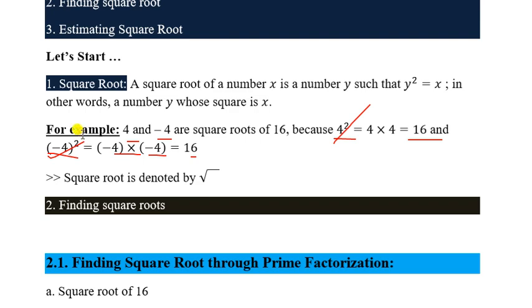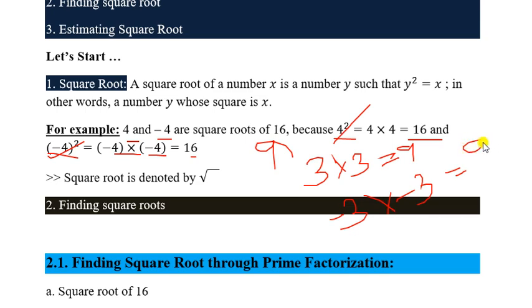For example, we can take 9 also. We'll try to find the square root of 9. That means we can take 3, because we know 3 into 3 is equal to 9. In the same way, minus 3 into minus 3 is equal to 9.